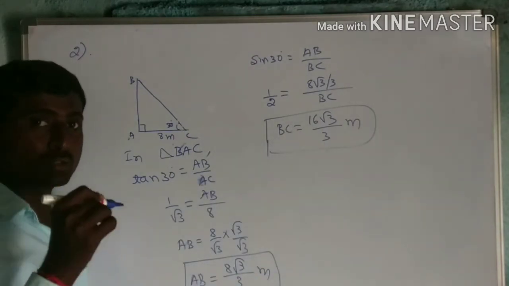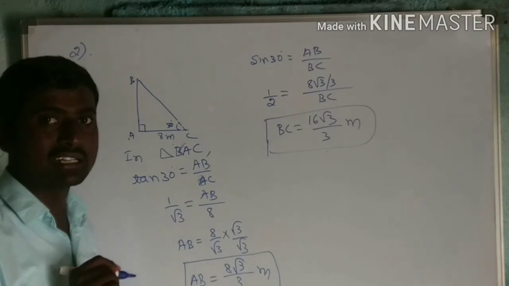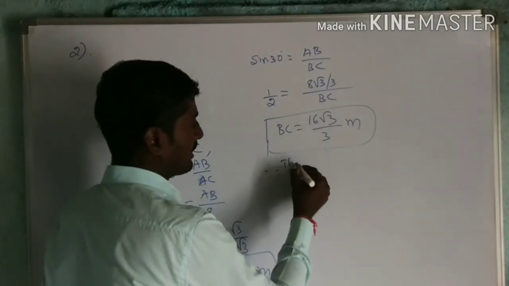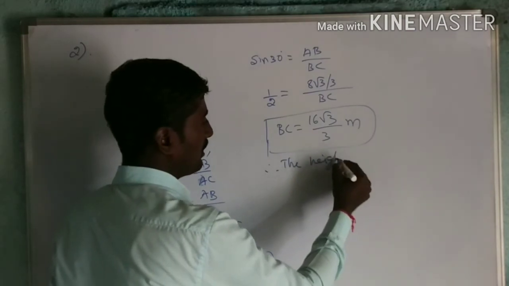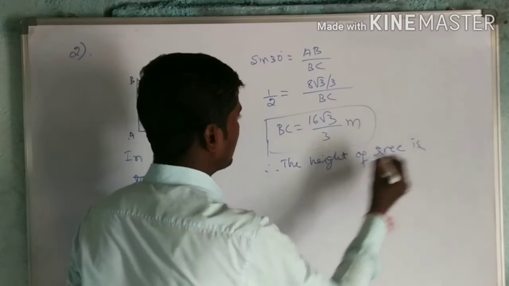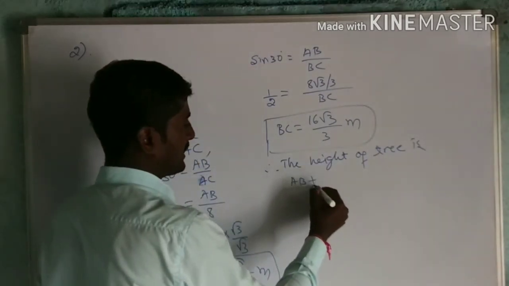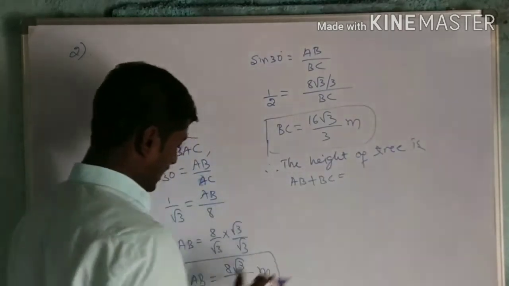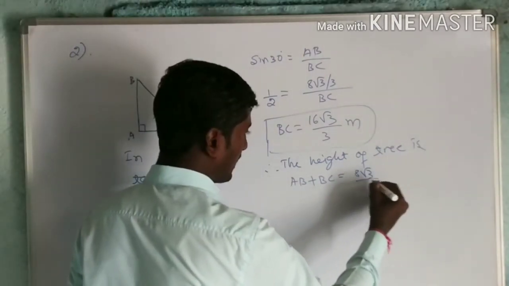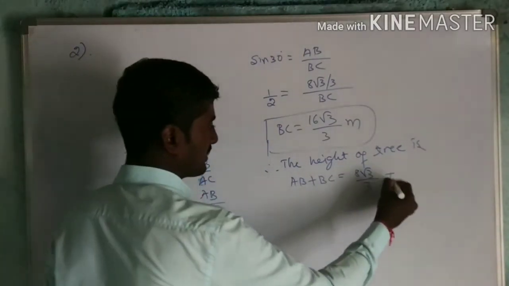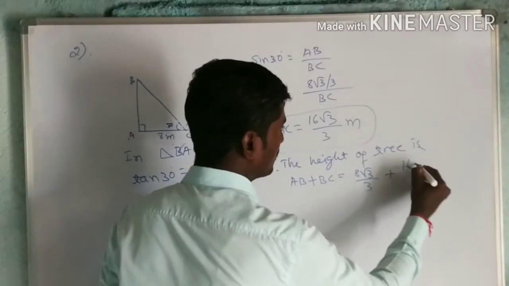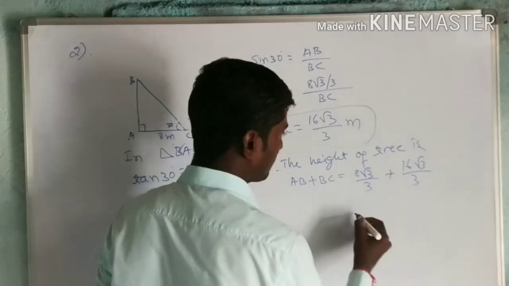But at the end you should write the conclusion. What they asked: the height of the tree you have to find. Therefore, the height of the tree is AB plus BC, which is equal to AB value 8 root 3 divided by 3 plus BC 16 root 3 divided by 3.